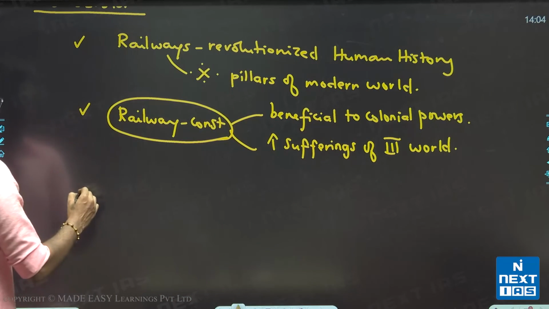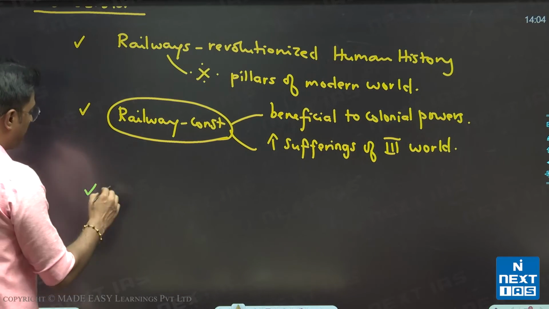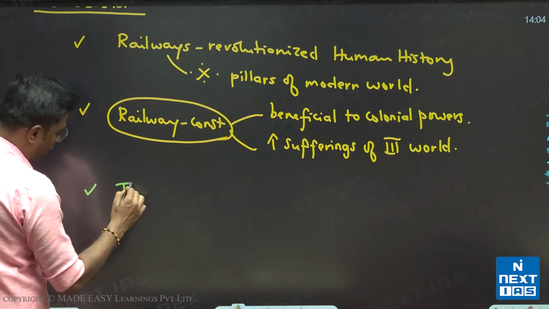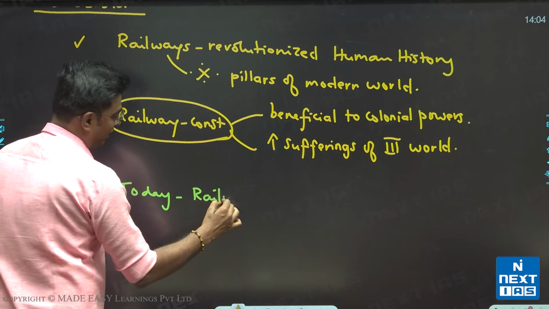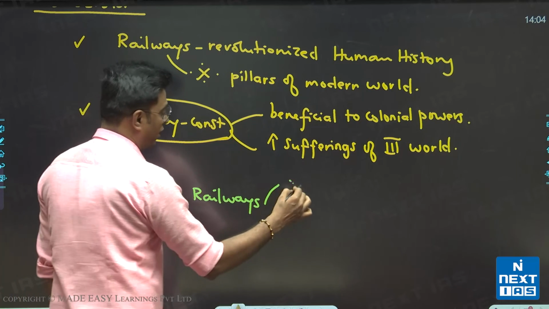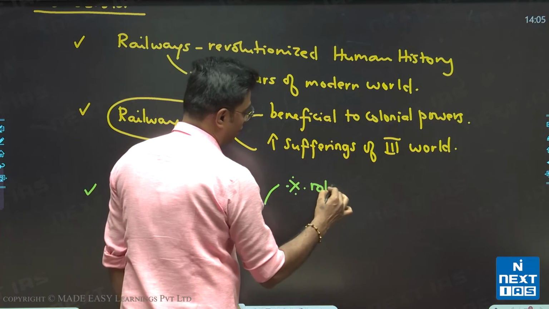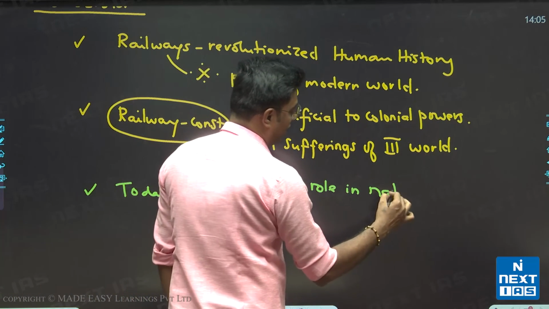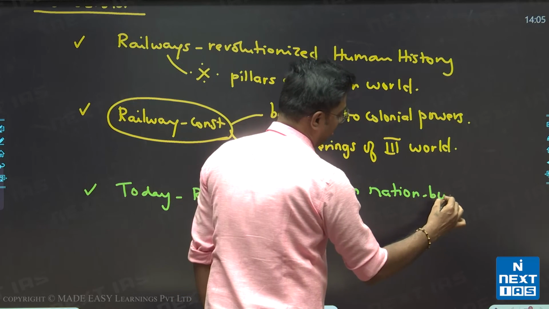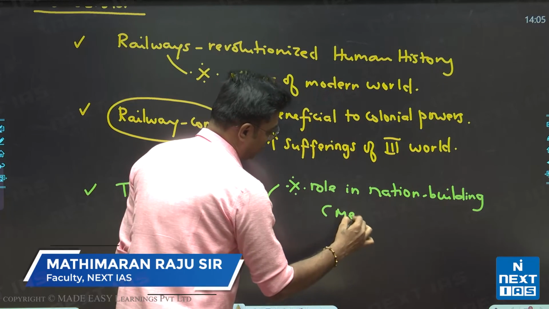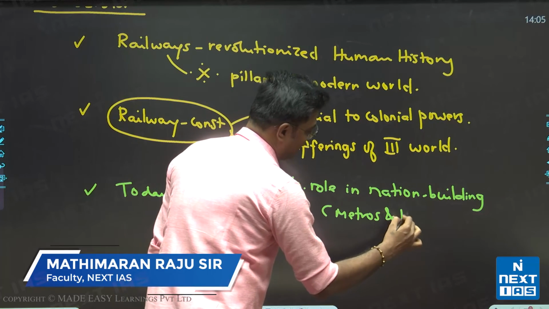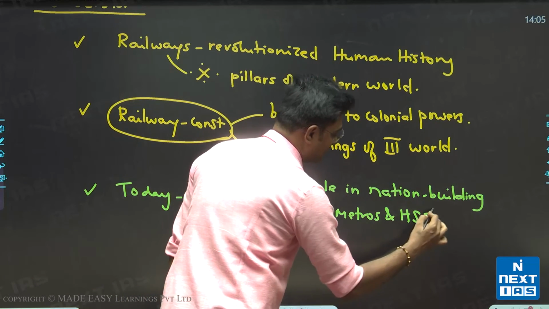Towards the end, you can mention that today railways play an important role in nation building. For example, the construction of metros and high-speed rails.